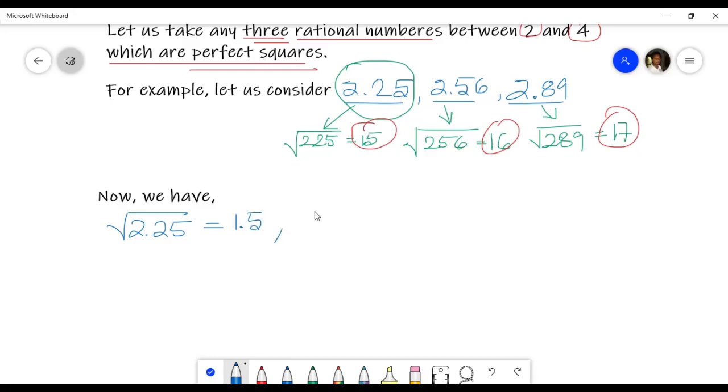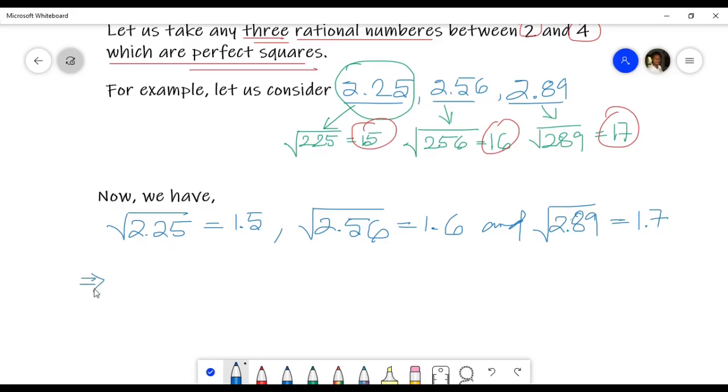And 2.56 is the perfect square of 1.6. And the third term that we have taken is 2.89, so the root of 2.89 is the perfect square of 1.7. So 2.25 is the perfect square of 1.5, 2.56 is the perfect square of 1.6, and 2.89 is the perfect square of 1.7.